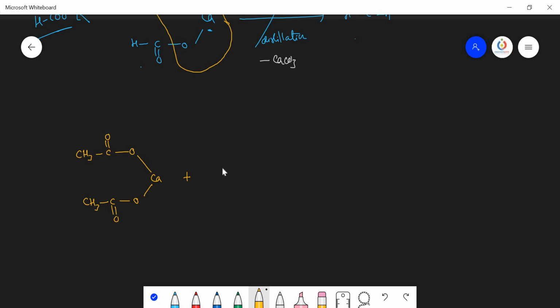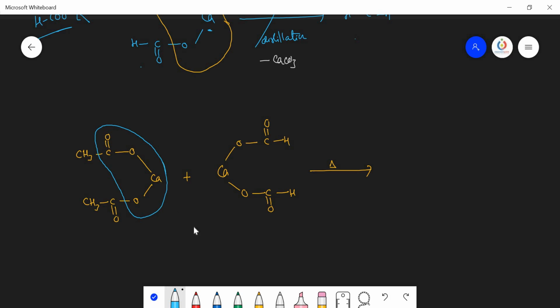This is the calcium acetate. This is the calcium formate. So when these two are used, it is a simple thing: from both you need to remove the CaCO3.